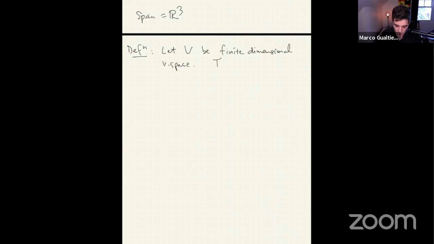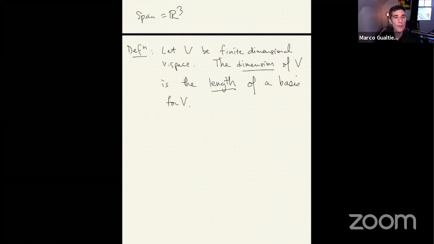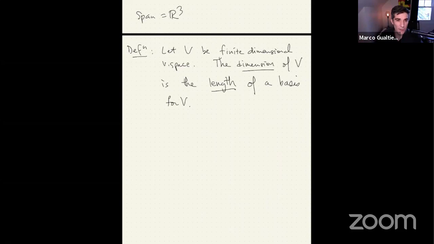The dimension of V is the length of a basis for V. So it's the number of elements inside, it's the cardinality of a basis. Okay, but yeah, it's the length of the list.